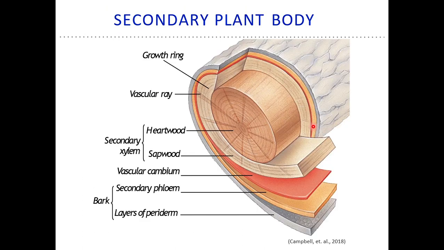So here it shows another figure showing the structure of secondary plant body. The growth ring can be seen here, and the vascular ray, the secondary xylem made up of heartwood and sapwood, vascular cambium, and then the bark, which is made up of secondary phloem and layers of periderm.